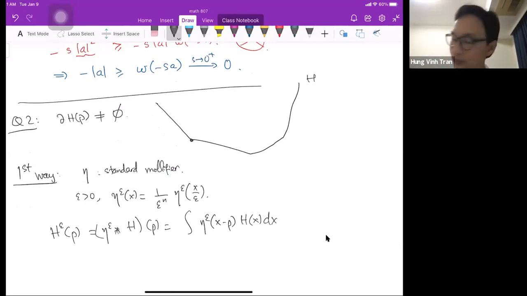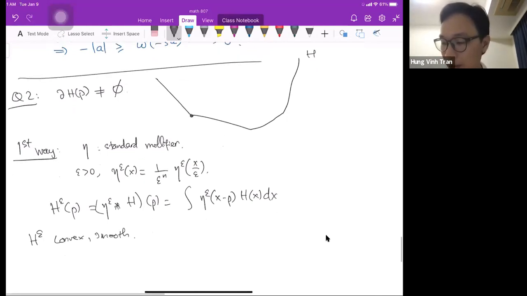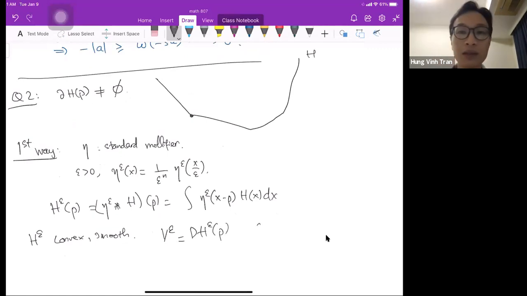So h epsilon is convex and smooth, right? And you can select v epsilon as the gradient of h epsilon at p, and you let epsilon go to 0.